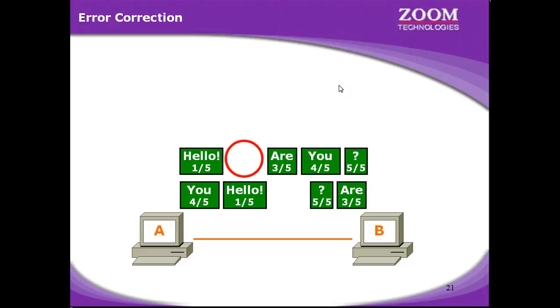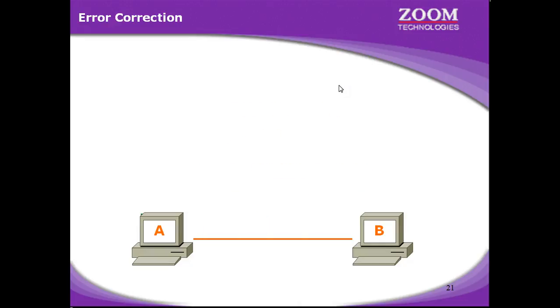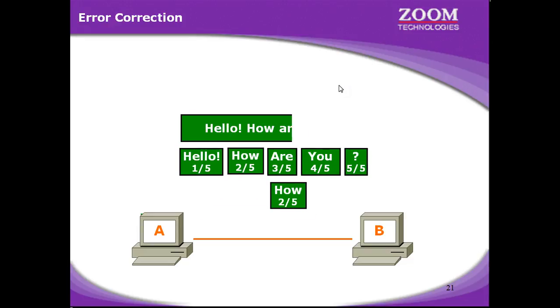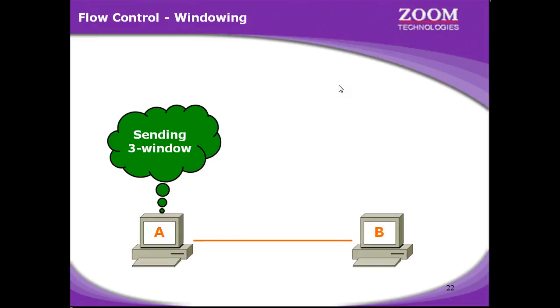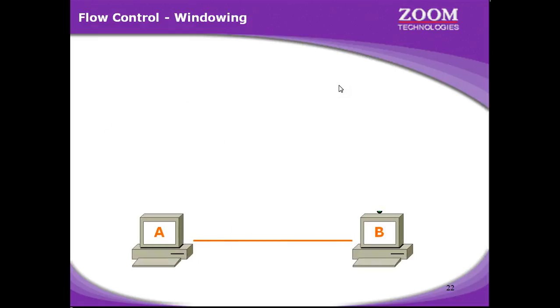Here you can see that some packet is missing. This is an example of flow control.